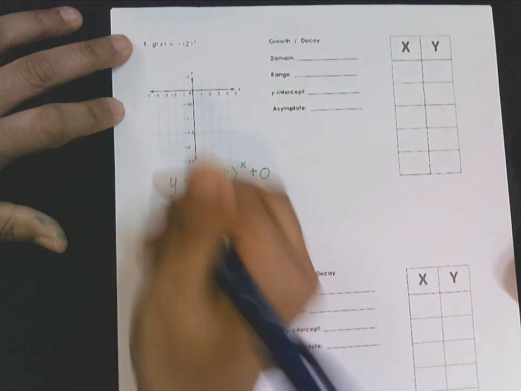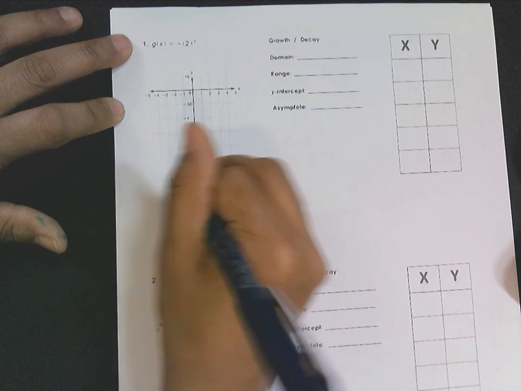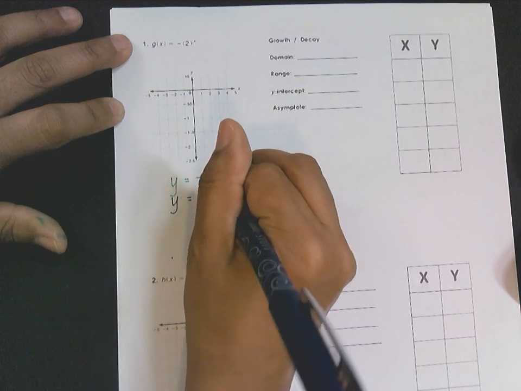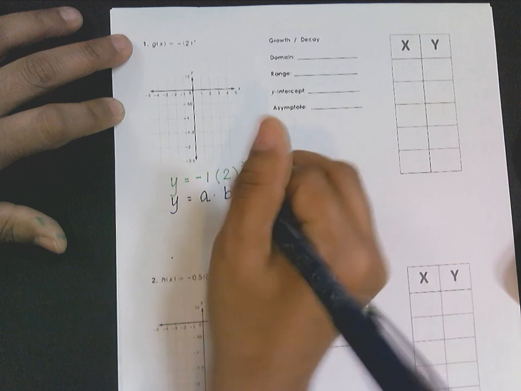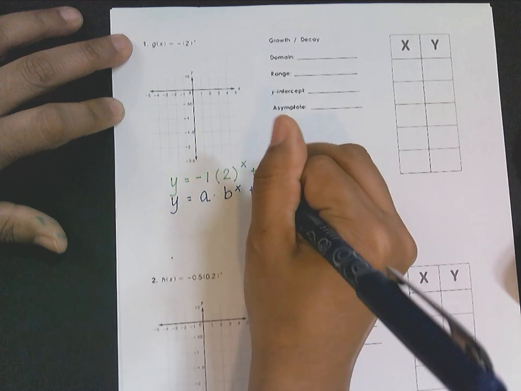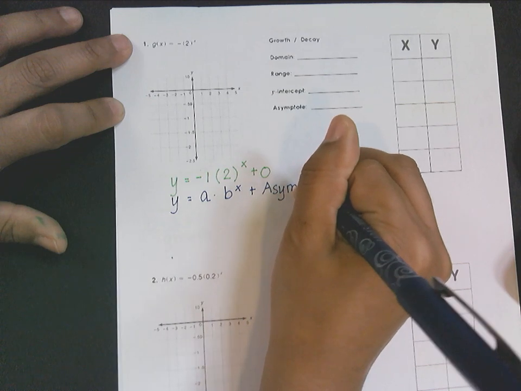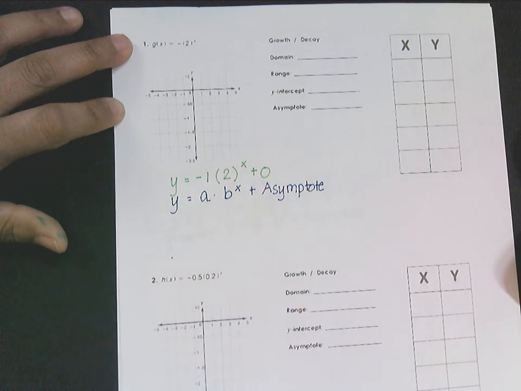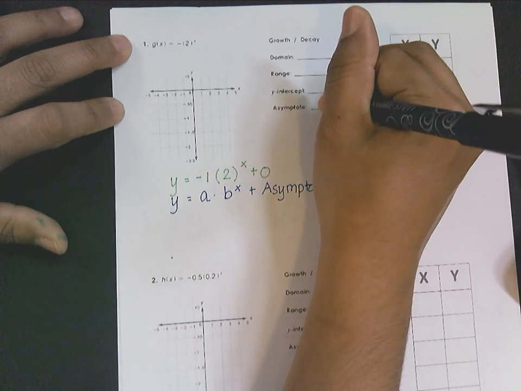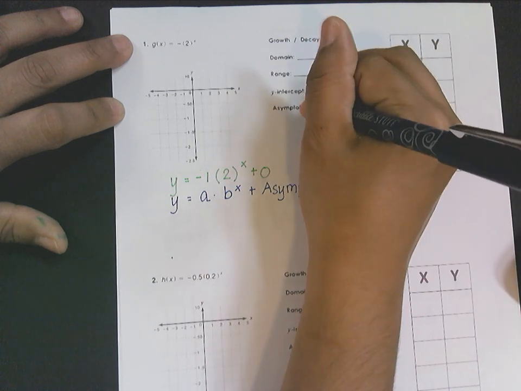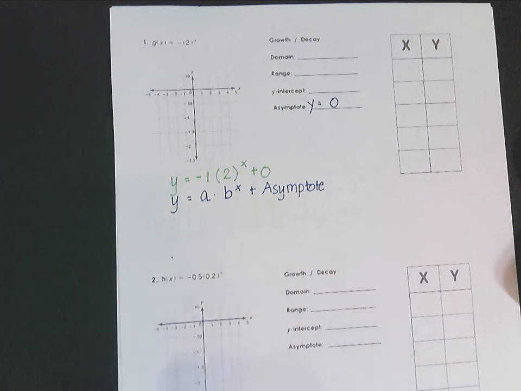So underneath, y equals a times b to the power of x plus, of course, your asymptote. And so I already know right away that my asymptote is 0. Y equals 0.